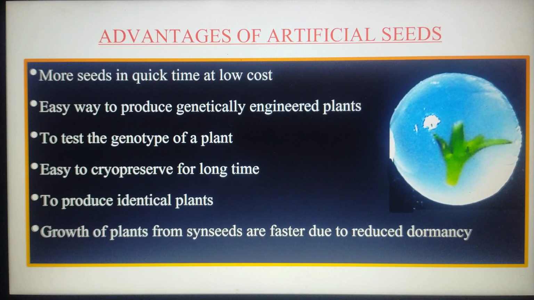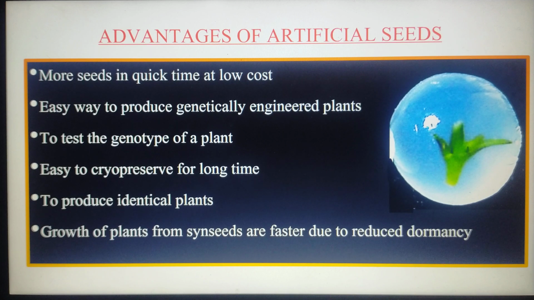Moreover, through certain modifications, we can also produce genetically engineered plants, right? Usually, if you don't perform any such activities, the embryos will be exactly similar to the parent plant. But if you perform, for example, protoplast culture, you can develop a new plantlet, right?